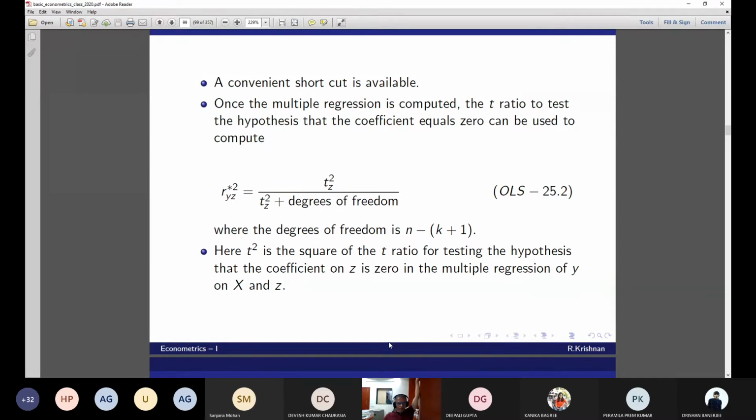Proving 25.2 is messy, but it's quite straightforward, extremely messy. This is a shortcut for you. T is nothing but the T-stat that you get in the multiple regression of income, with a constant, regressed on a constant, age and education.